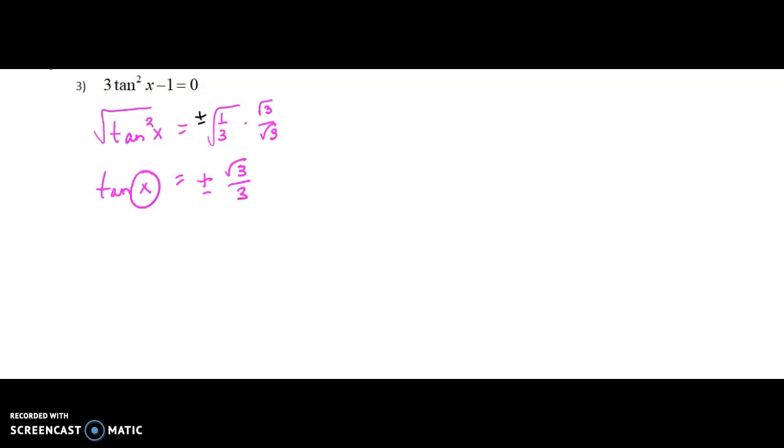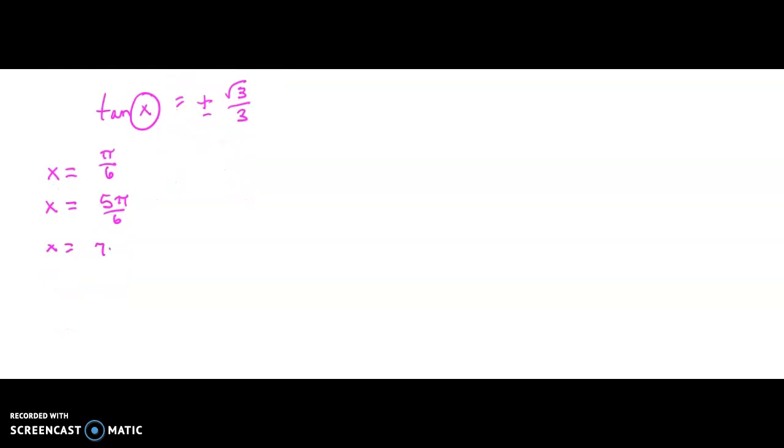So now we ask ourselves what angles have a tangent value of either positive or negative square root of 3 over 3, and those angles would be 30, which is pi over 6, 150, which is 5 pi over 6, 210, which is 7 pi over 6, and 330, which is 11 pi over 6.